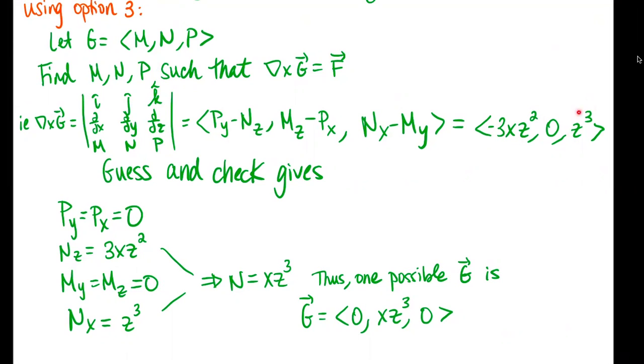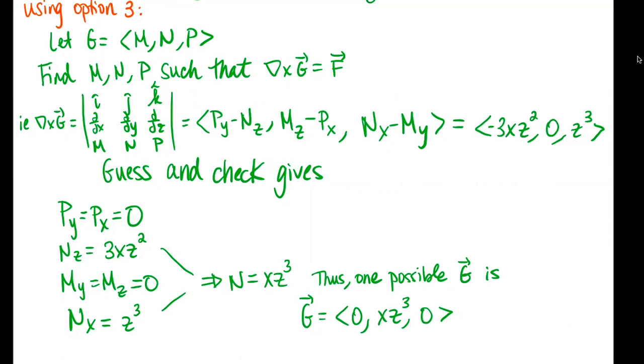And then here, the z cubed, I thought, well, I need N sub x minus M sub y, so I could let z cubed be N sub x. These had to both give me the same, when I integrate them, I had to get the same consistent N. So notice when I integrate this with respect to z, I'm getting back to xz cubed. And when I integrate this with respect to x, I'm also getting back to xz cubed.